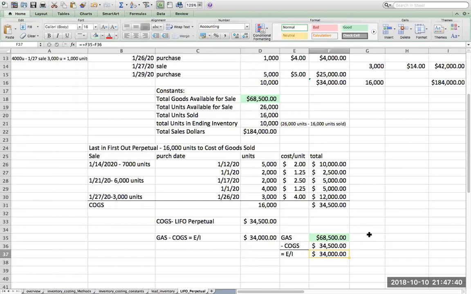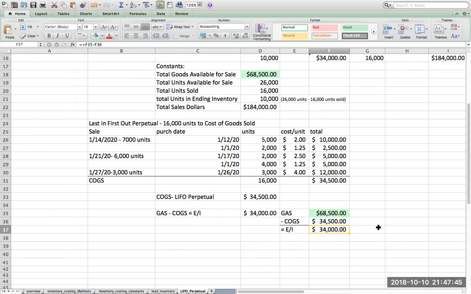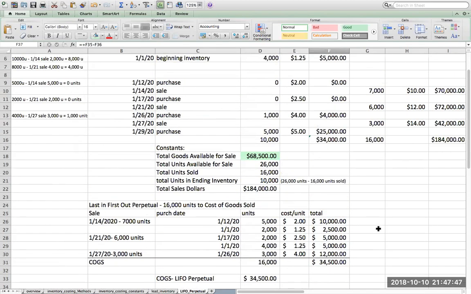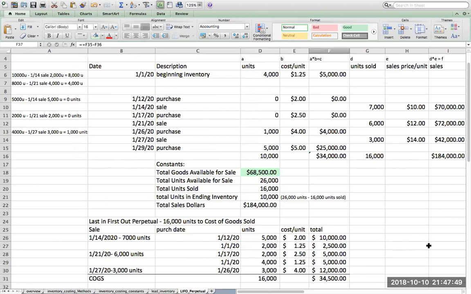Now, if I wanted to see if this number was correct, how would I do it? If I go back to my inventory and look at the remaining units, I'm going to notice a few things. The first is the remaining units total up to 10,000. One of the constants that we always compute and always use is our total units in ending inventory.